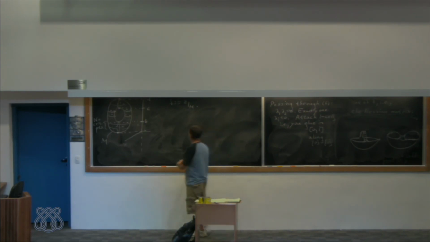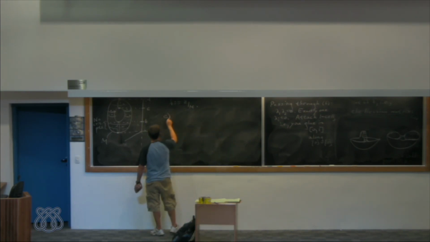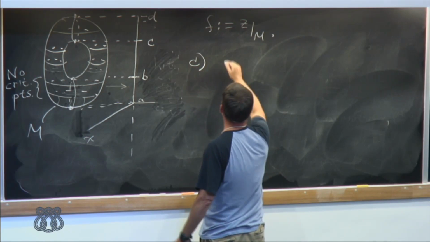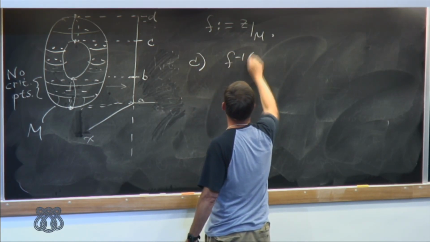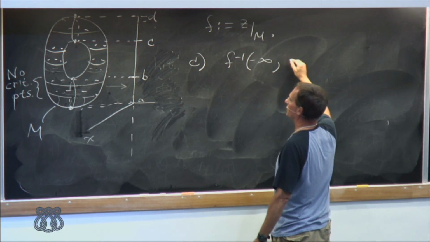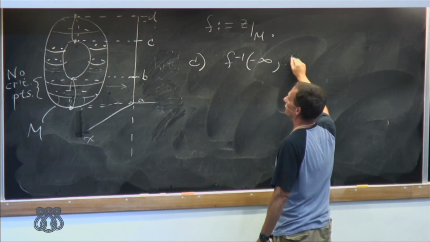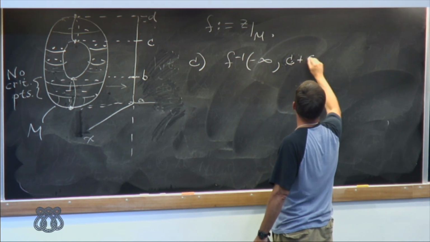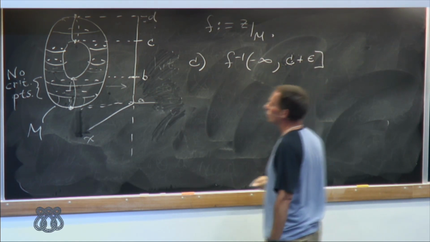Right, so we had this. So at C, as you pass through C, so you take F inverse of C plus some small amount. What will happen?